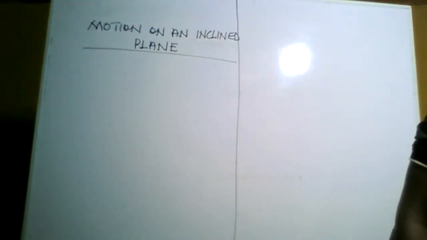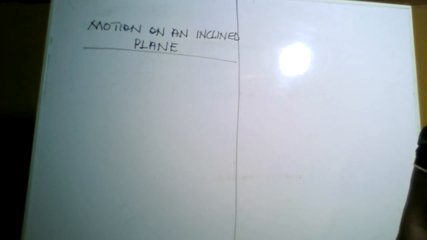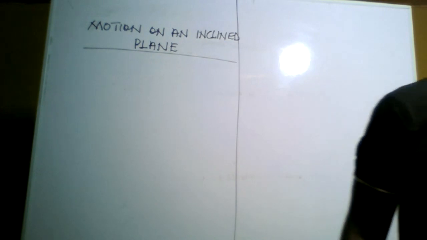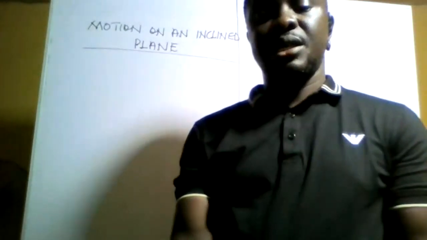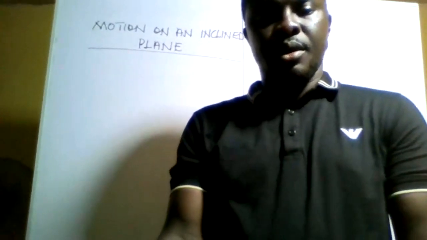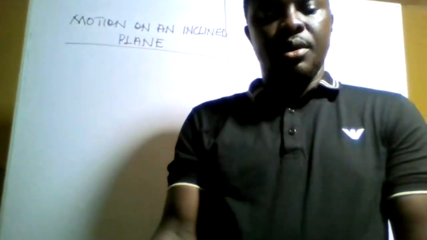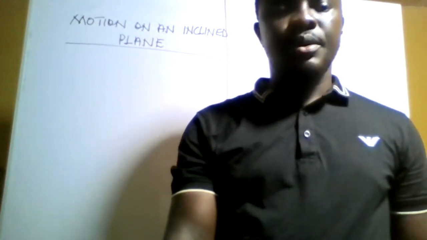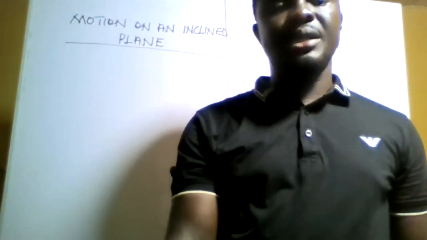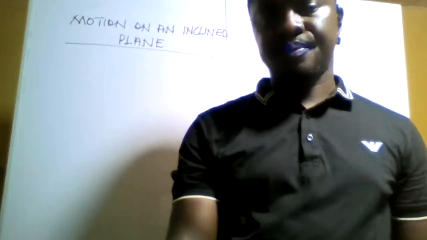In JHS, you did inclined plane, and you were made to understand that an inclined plane is a simple machine, isn't it? Or you've forgotten you did an inclined plane. Yes, please. So an inclined plane is a simple machine.